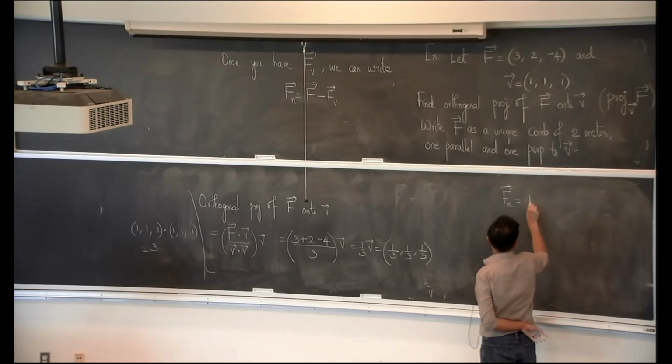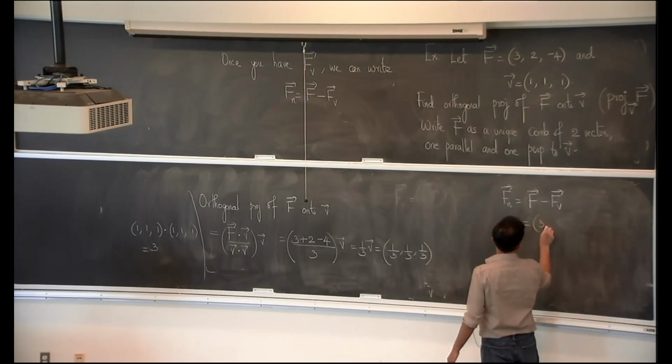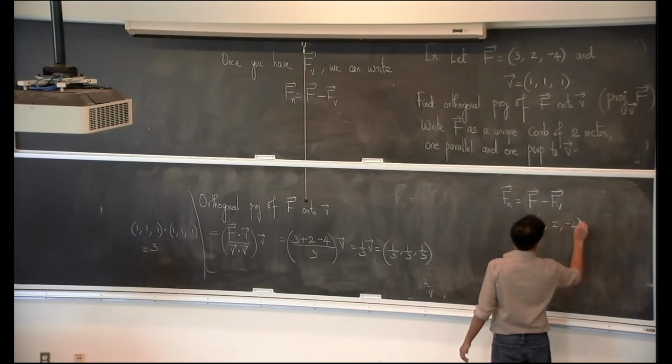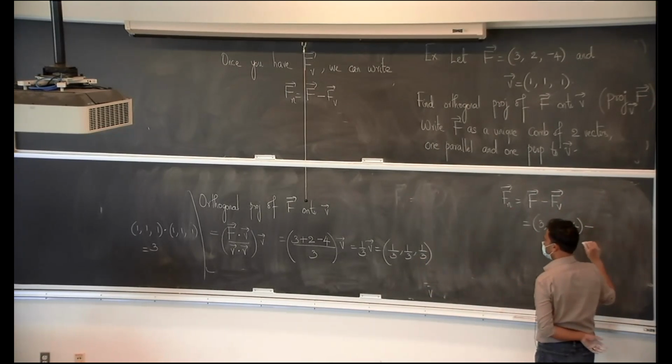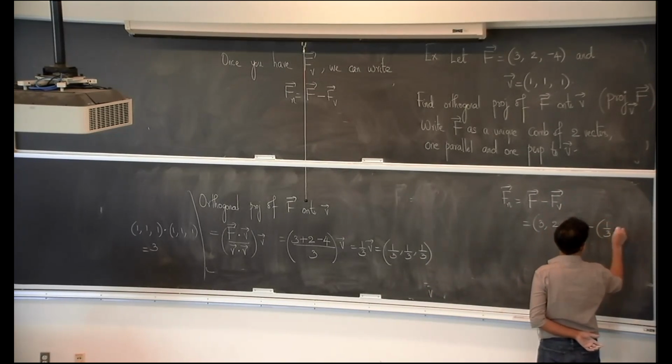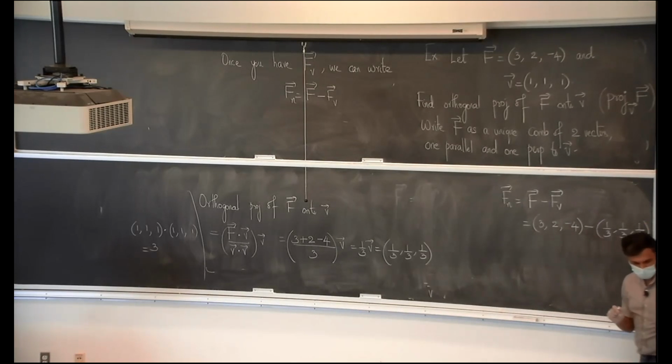So Fn is equal to F minus Fv, which is 3, 2, -4 minus Fv, which is 1/3, 1/3, 1/3. So apart from a slightly annoying thing of subtracting fractions, this should be pretty straightforward.